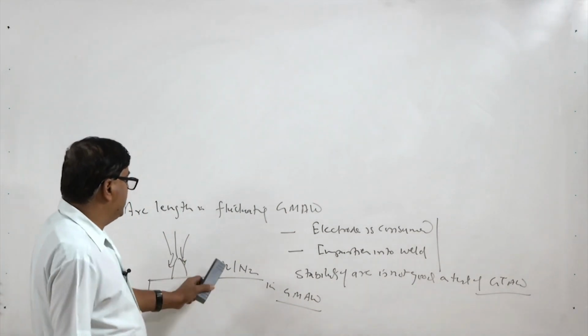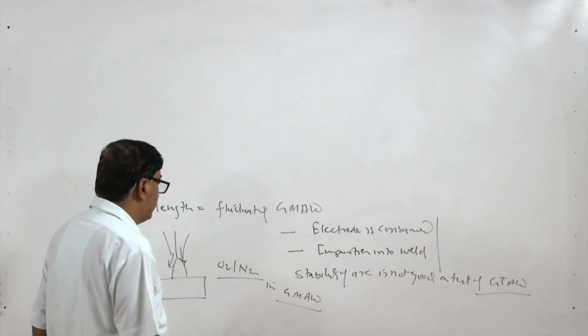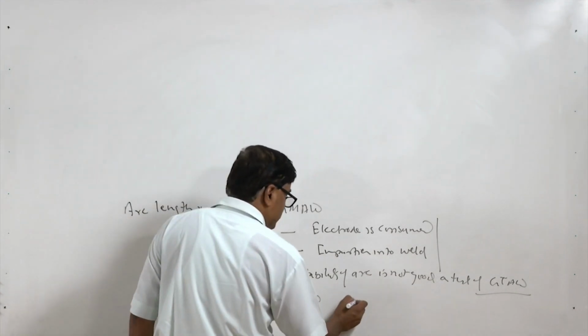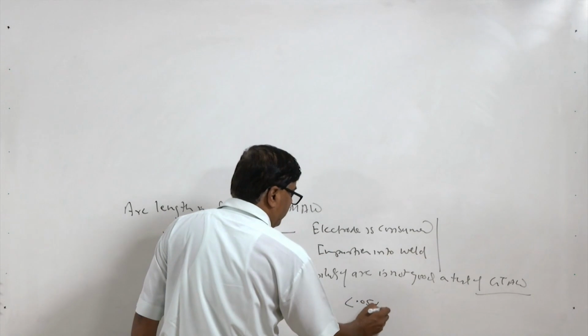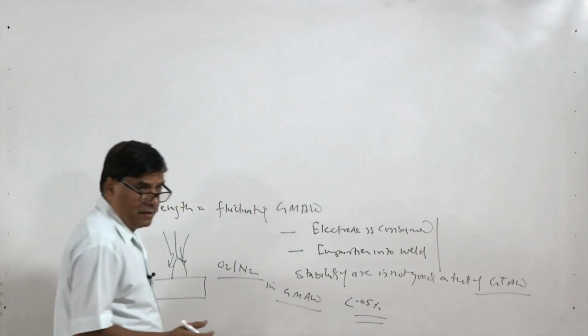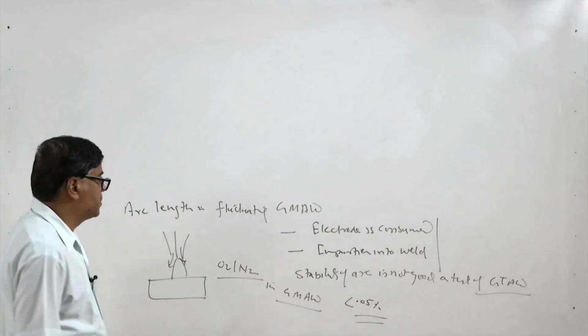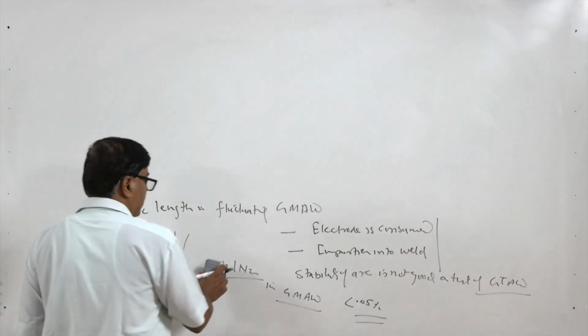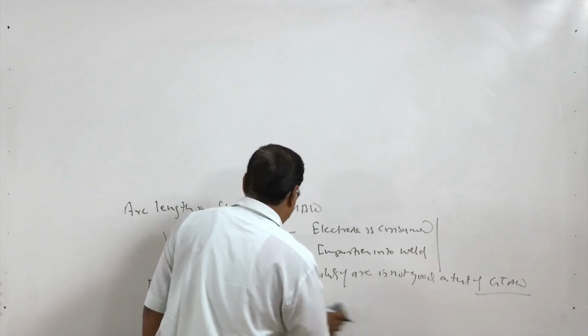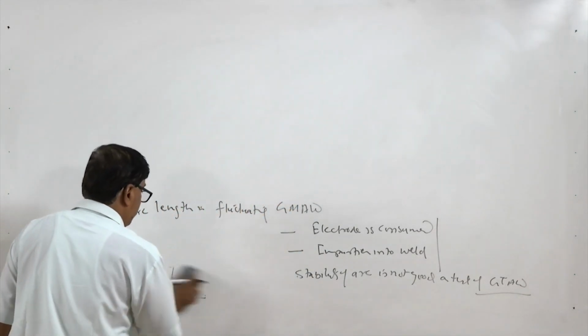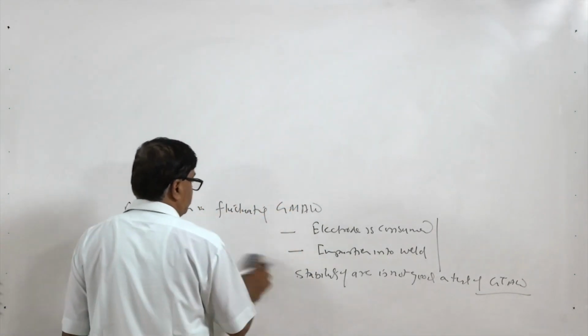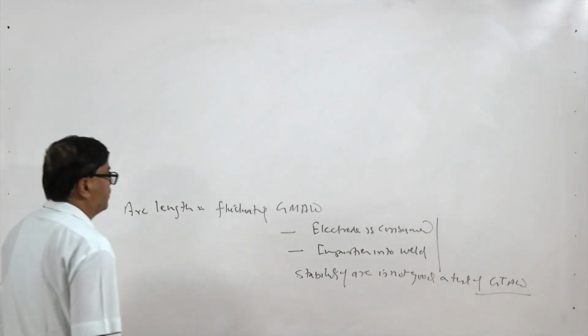Still, this is clean, it is still less than 0.05% of oxygen and 0.02% of nitrogen. So, still it is a cleaner weld, but not as clean as that produced by the GTAW process.